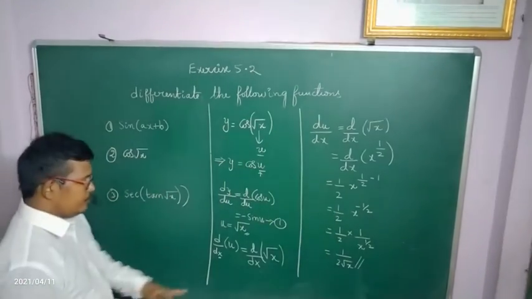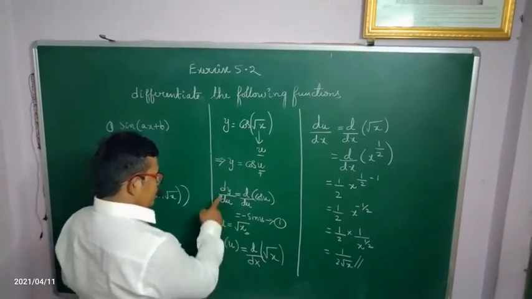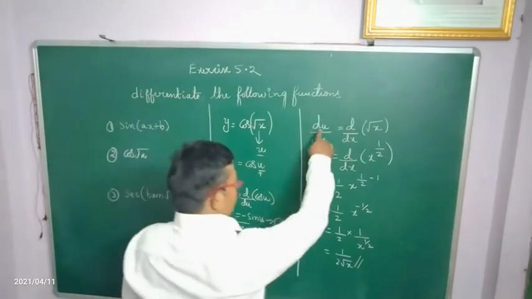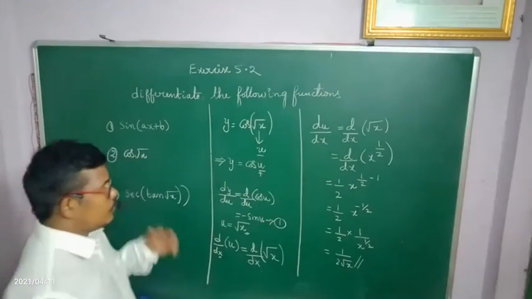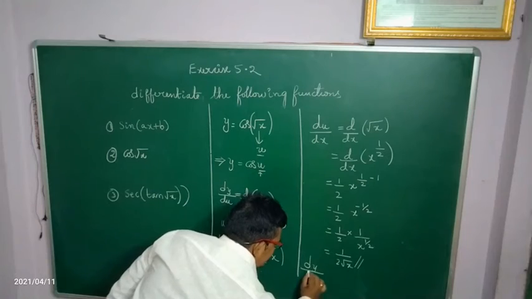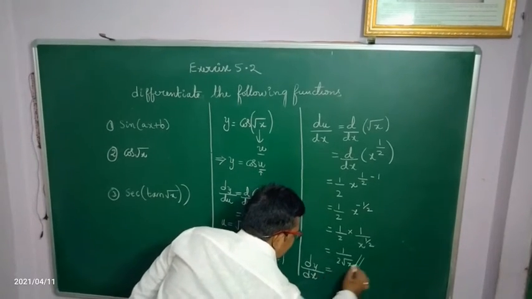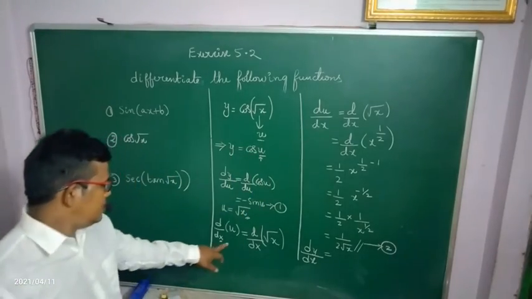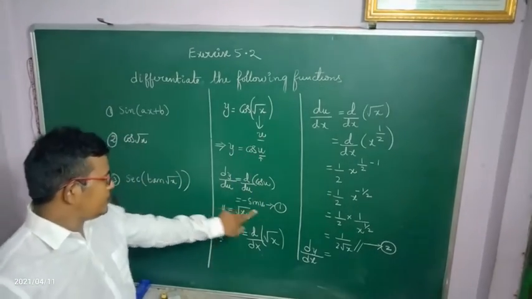We have dy by du as well as du by dx. So we can write dy by dx as, so this is 2 and this is dy by du is 1.